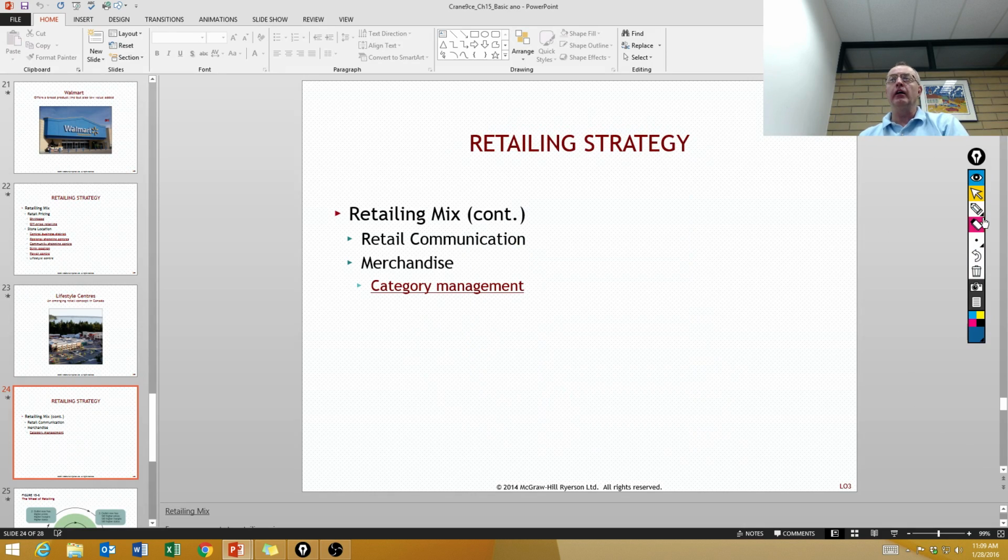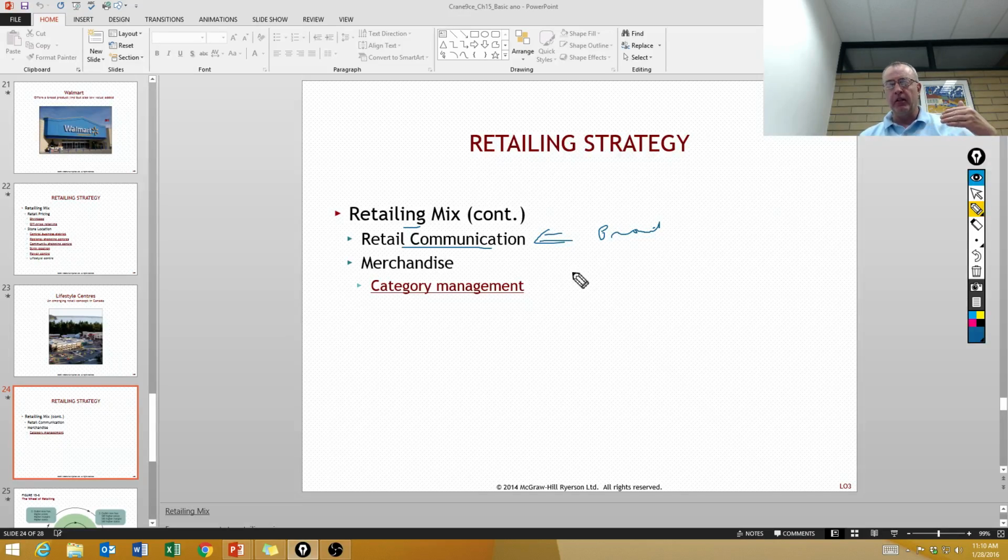So the third retail mix variable is retail communication, and of course this corresponds to the promotion P. So stores promote themselves, they kind of promote their image to consumers, and so the image is sort of the view or the impression that consumers have about the store, and it's kind of a soft concept.